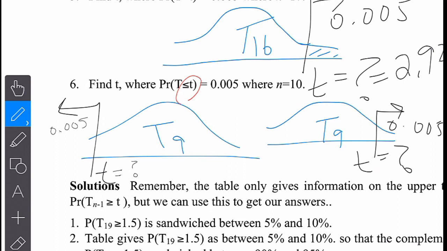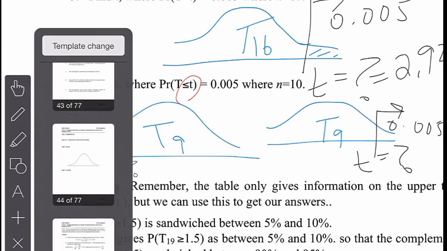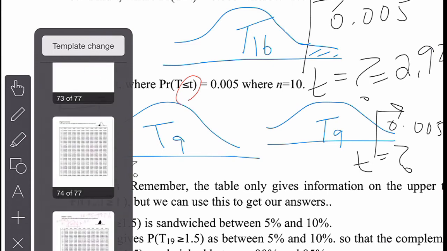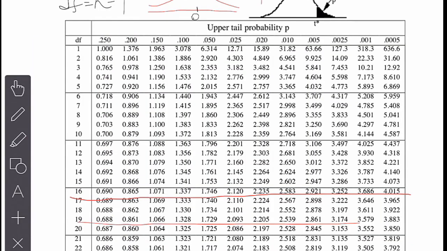Try to have amnesia about the one before, don't get confused. But go down to the 9th row and pick up what the critical value is, what the t-score is. So we're going to the 9th row of 0.005, and it's 3.250.